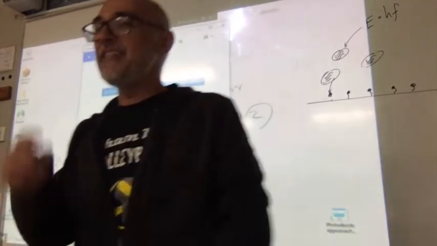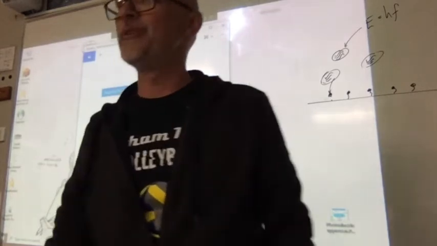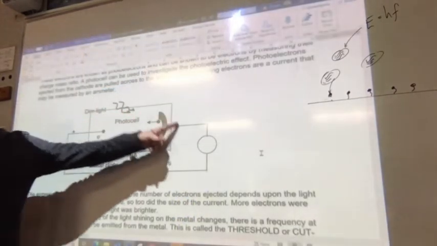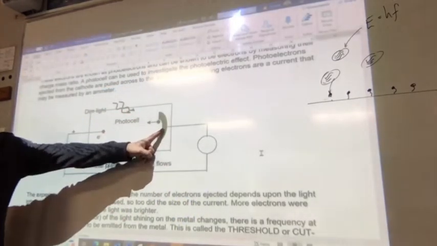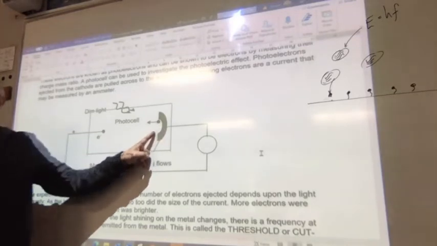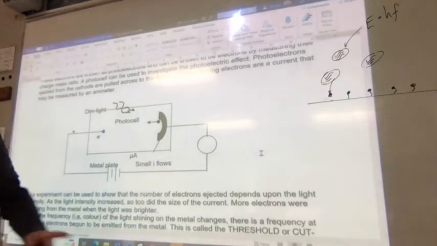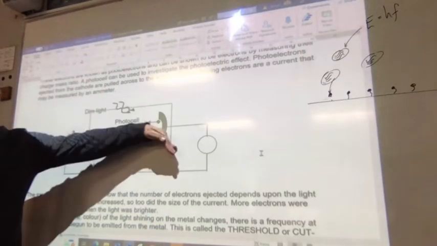All right? And there's a nifty little equation that you use, which is super simple to do. What you're looking at here is the vessel, the plate under investigation. There could be magnesium, zinc, potassium, it could be anything. Light comes through.